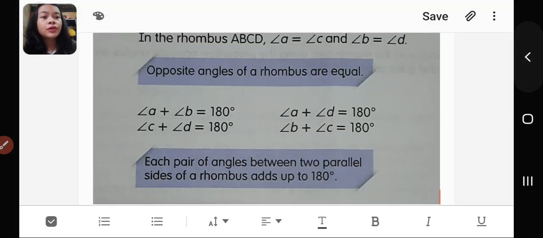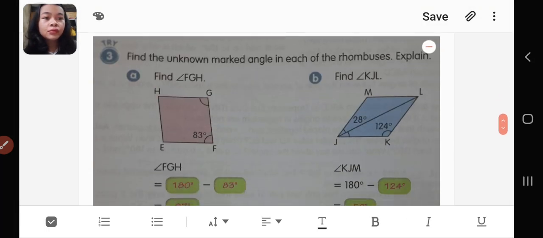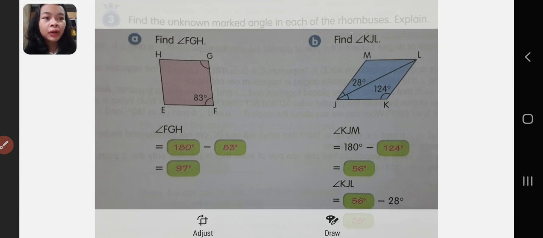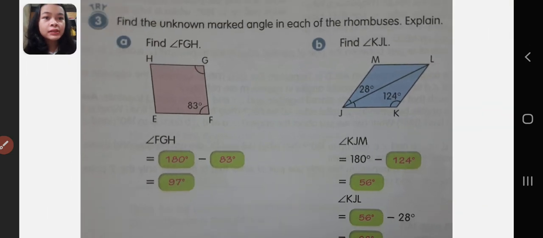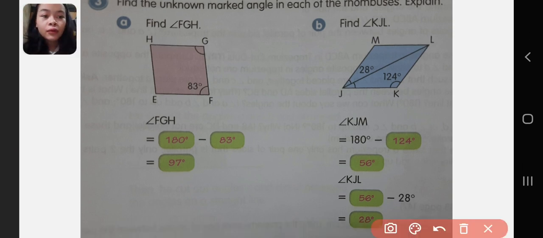So now we're going to discuss this one, page 146. Find FGH, this one.